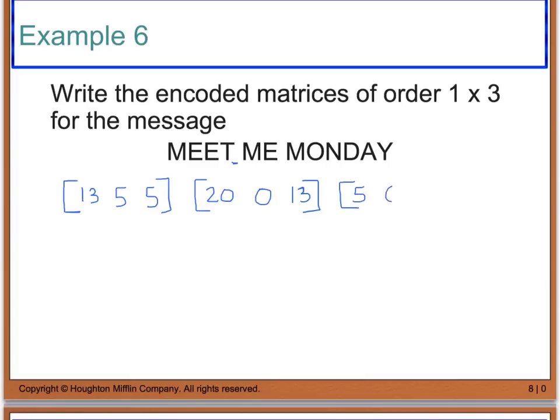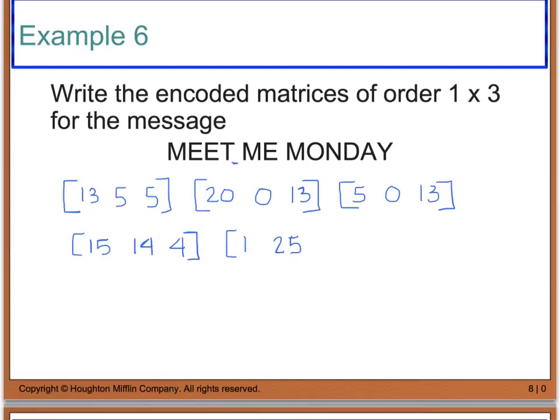I have a space, or 0, and another M. And then I'm going to start in with O, which is the number 15. N is 14. D is 4. A is 1. Y is 25.